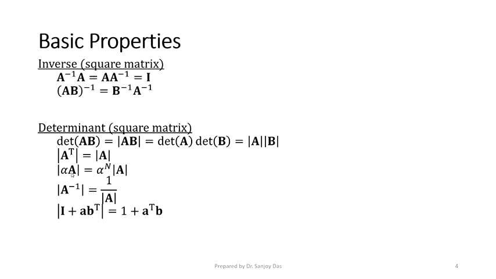So when you take this scalar alpha out, you have to raise it to the power of n. The determinant of A inverse equals 1 over the determinant of A. This is a nice identity. The determinant of I, the identity matrix, plus AB transpose equals 1 plus A transpose B.